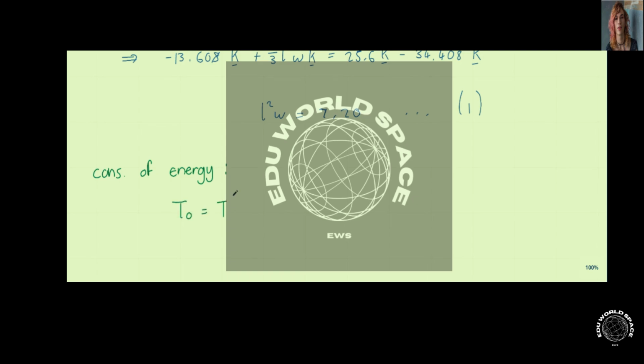T naught, the initial kinetic energy, is equal to the final kinetic energy, T. Applying this, we get 3 over 2 v bar naught squared plus 1/3 L squared omega squared, the initial kinetic energy, is equal to the final kinetic energy, a half m_A v_A squared plus the contribution by ball B as it moves off, a half m_B v_B squared.